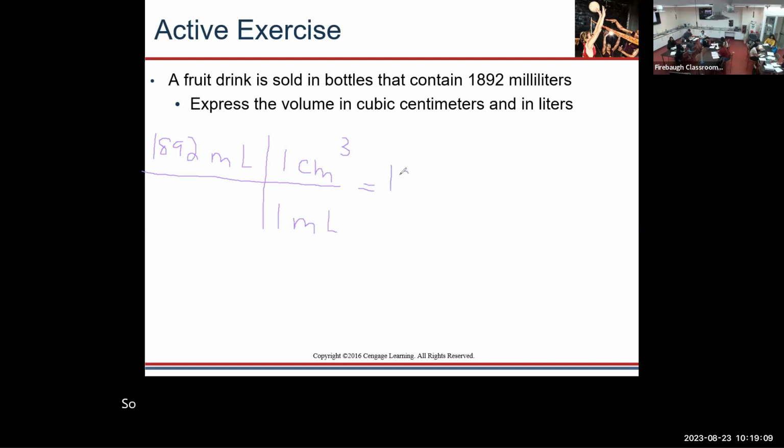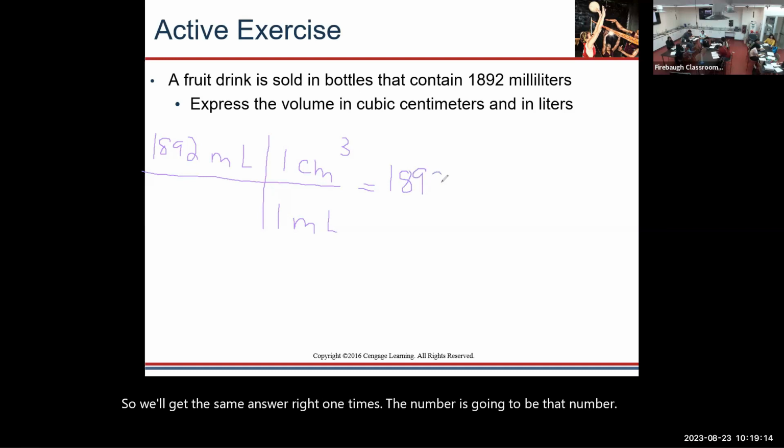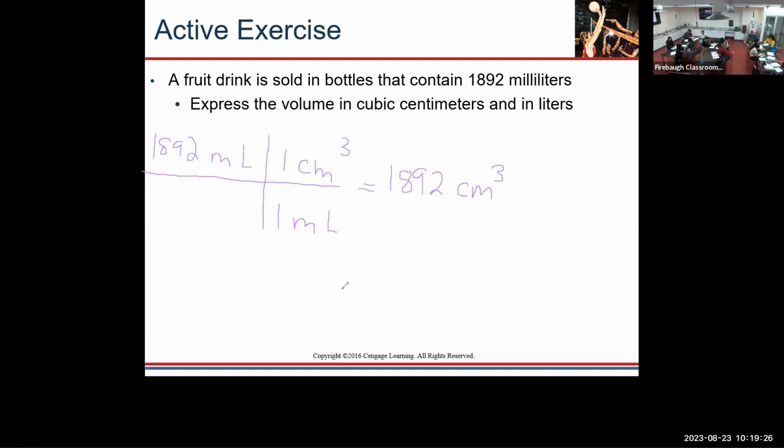So we get the same answer, right? 1 times a number is going to be that number. Okay? So if we have 1,892 milliliters, how many milliliters are in a liter? Come on, milliliters. 1,000.